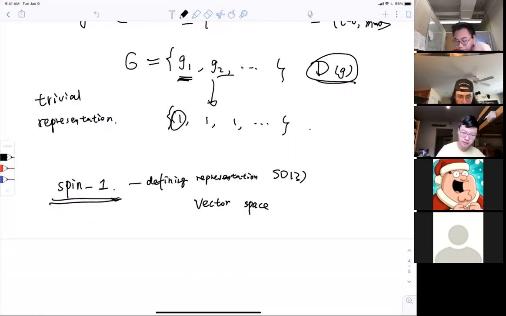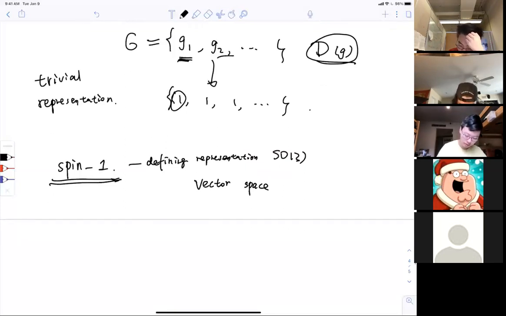Of course, this is where our intuition comes from for SO(3), because it's very natural, it's in 3D. In this case, the basis you can think of as L equal to 1, M equal to minus 1, 0, plus 1.